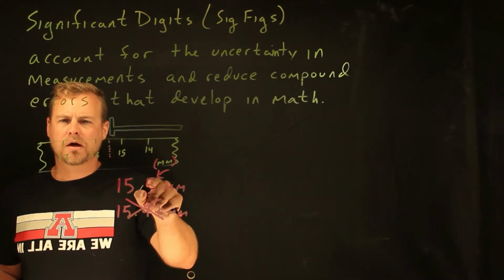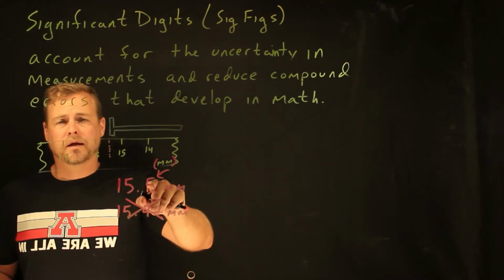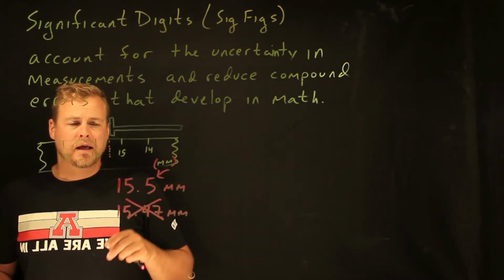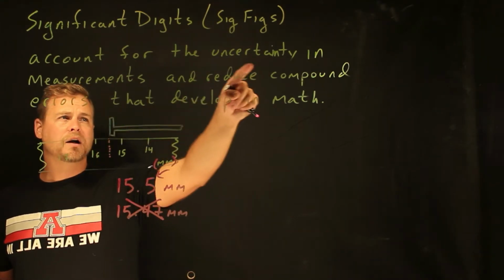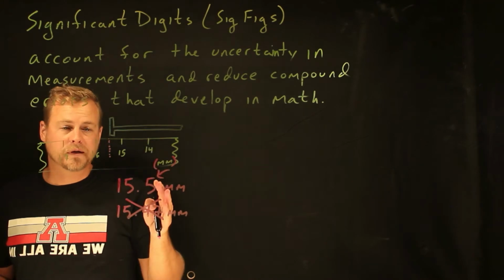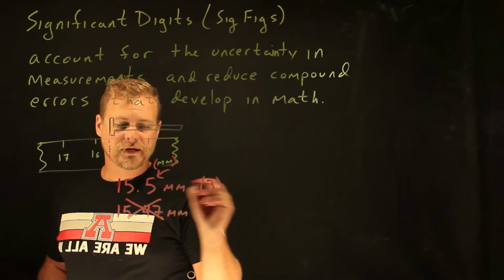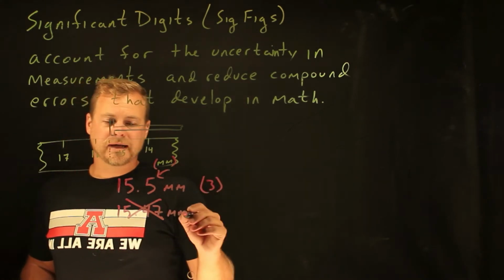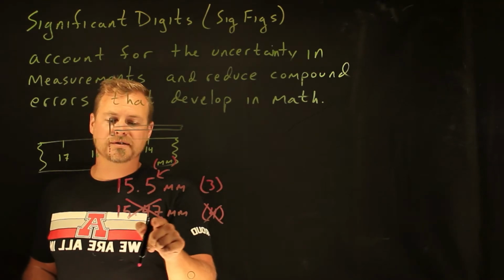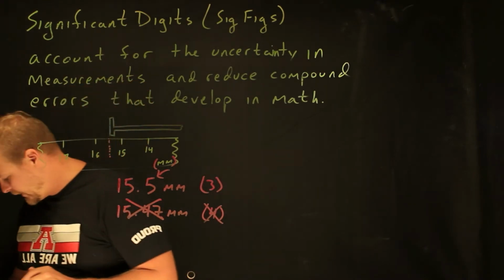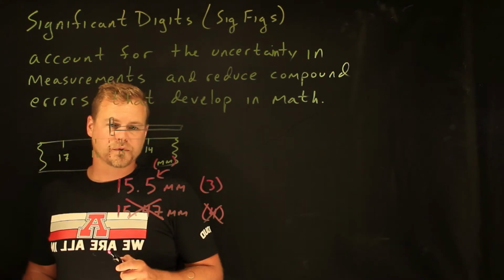But I know that there's some uncertainty in there. It could be 15.4. It could be 15.6, you know? And what we're doing is we're kind of limiting my uncertainty with the significant figures. And so you know that this nail has 3 significant figures. It does not have 4 significant figures because I can't really see that 0.47. Okay? The more sig figs that you have, the more precise your measurement.